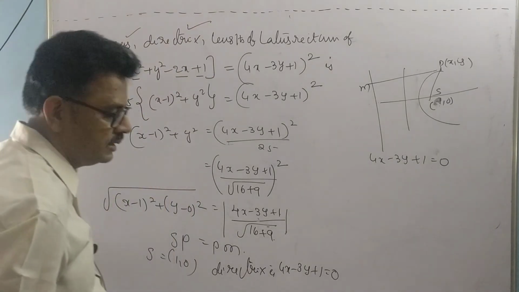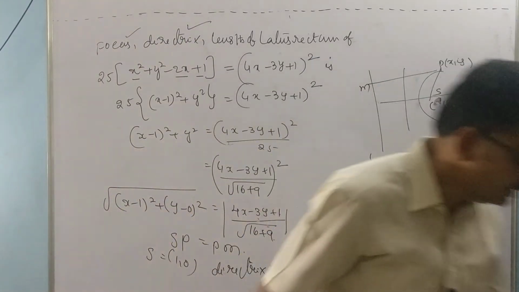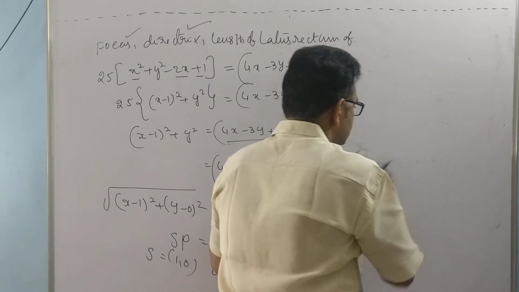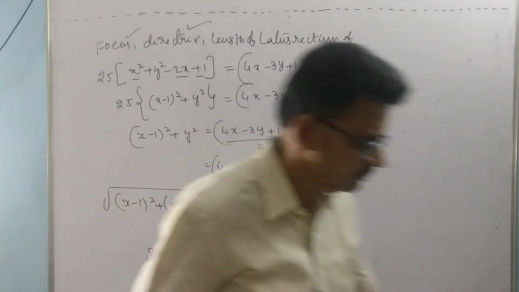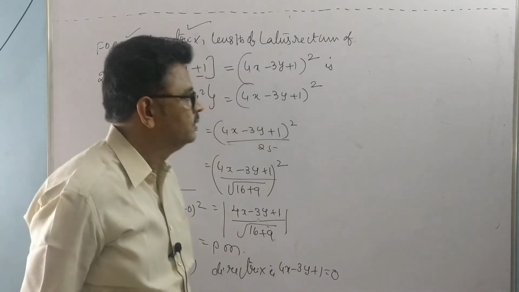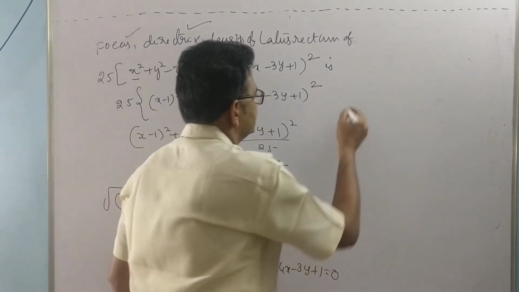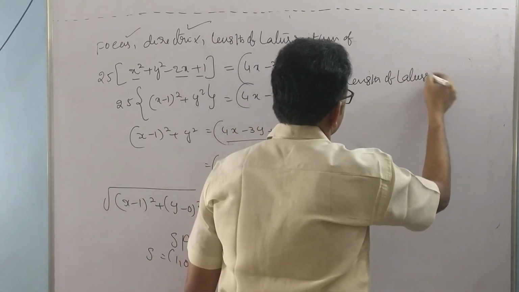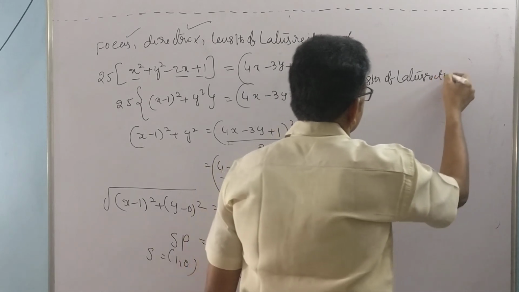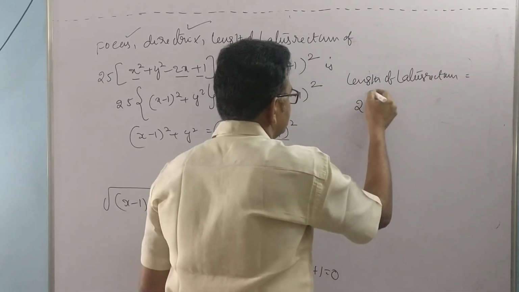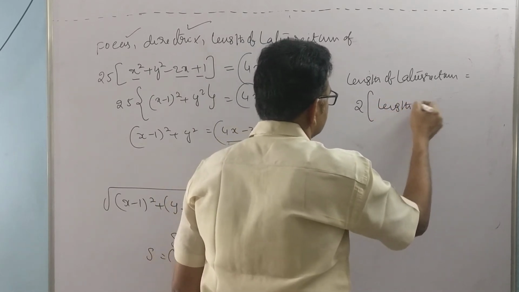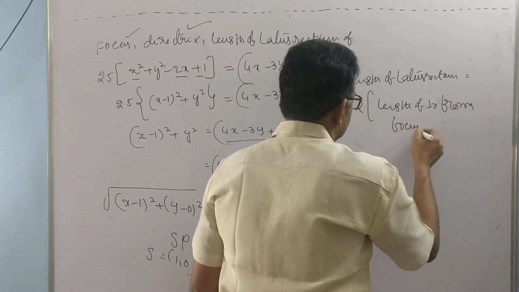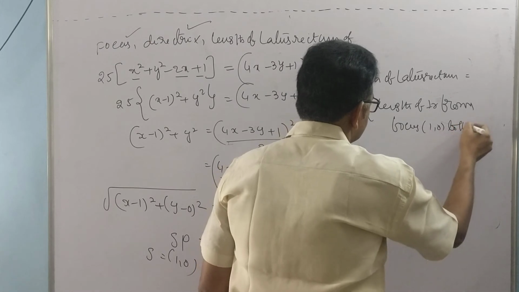Next one is the length of latus rectum. How do we find it? We already discussed this. The length of latus rectum is 2 times the length of the perpendicular from the focus, which is 1, 0, to the directrix.